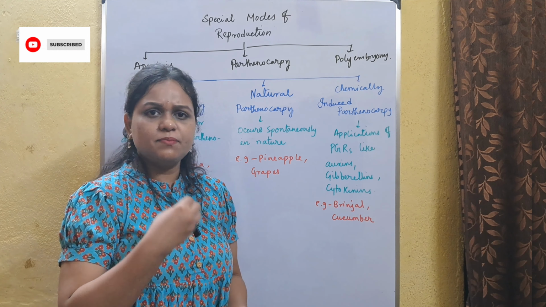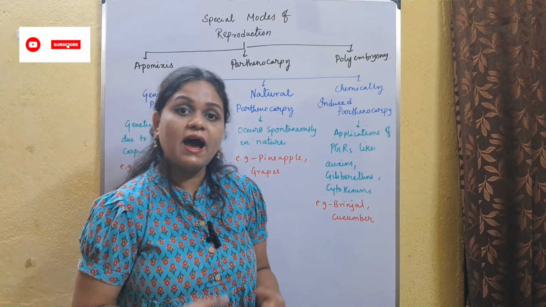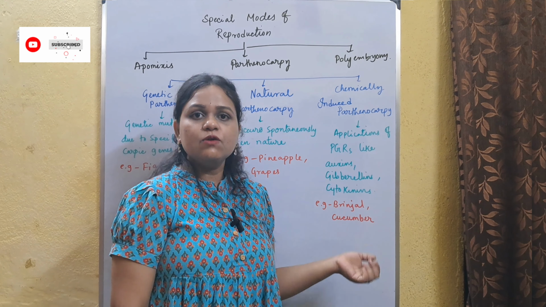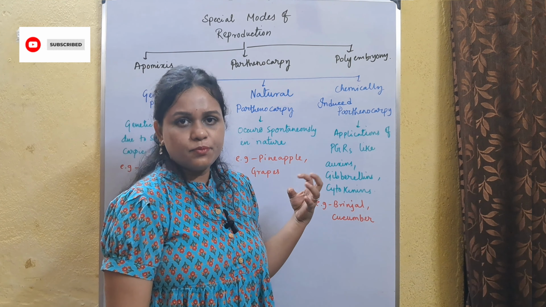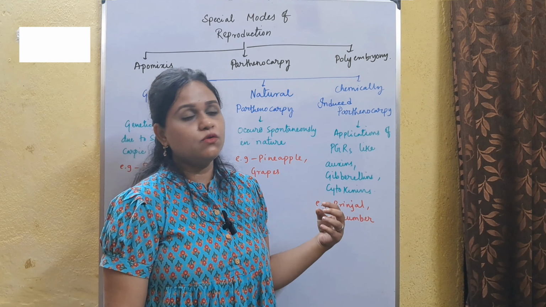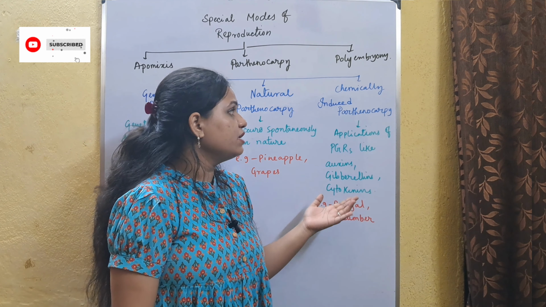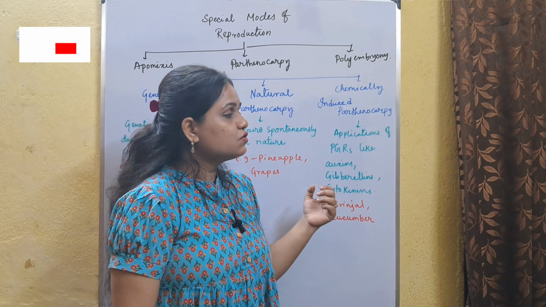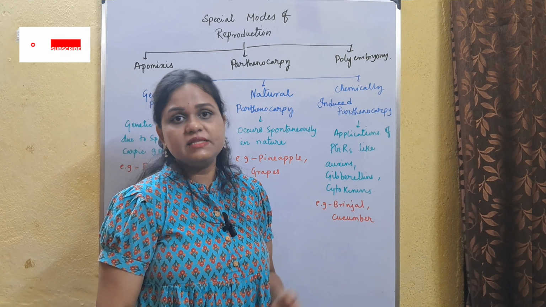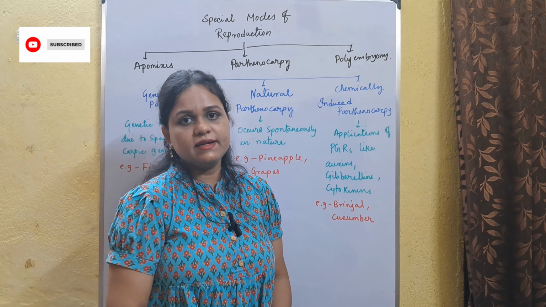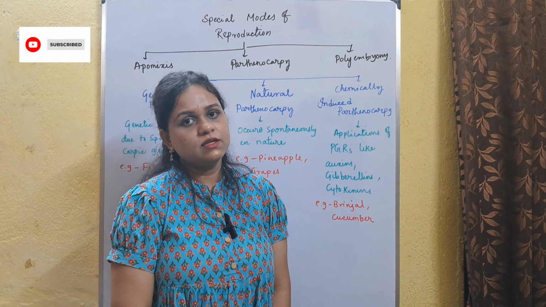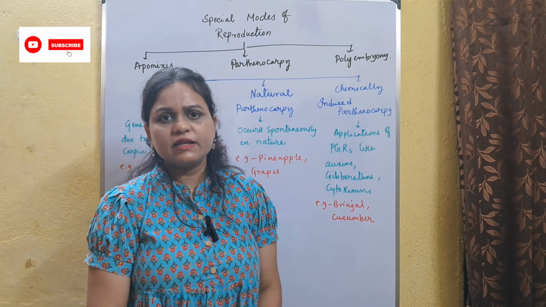Nowadays seedless fruits are in very high demand, so brinjal and cucumber are produced in very large, bulk amounts by chemically inducing the parthenocarpic process. This is done with the help of some PGRs, plant growth regulators, mainly auxins, gibberellins and cytokinins. So these are the types of parthenocarpy.